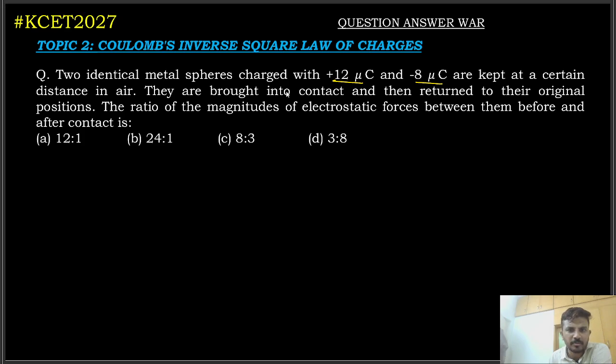Next, two identical metal spheres charged with 12 microcoulomb and minus 8 microcoulomb are kept at a certain distance in air. They are brought into contact. So we have solved this kind of question. We can just take it as a homework question. Try solving it yourself.